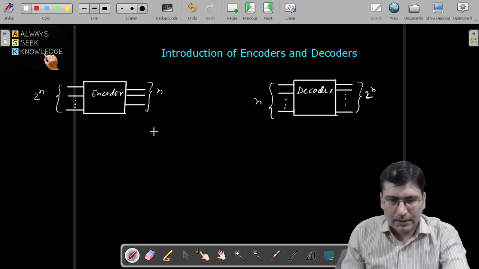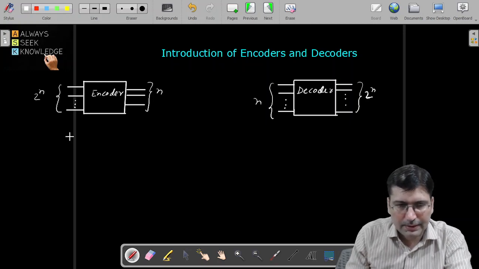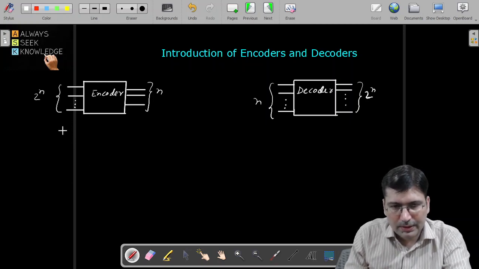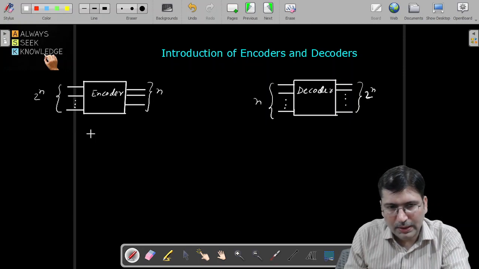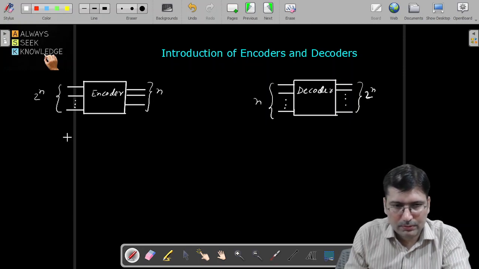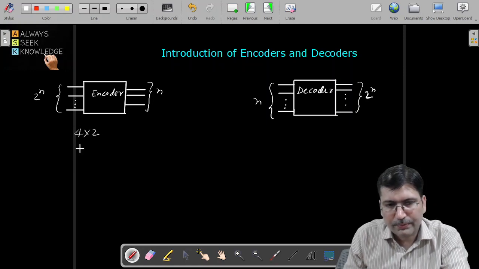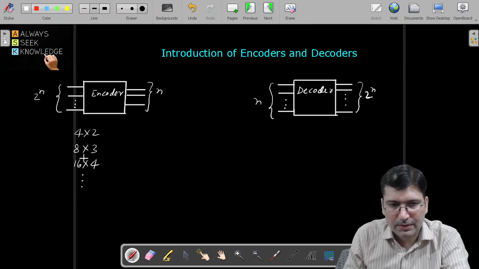So there are multiple types of encoders, like we can say 2 cross 1, or 4 cross 2, 8 cross 3, 16 cross 4, and so on.